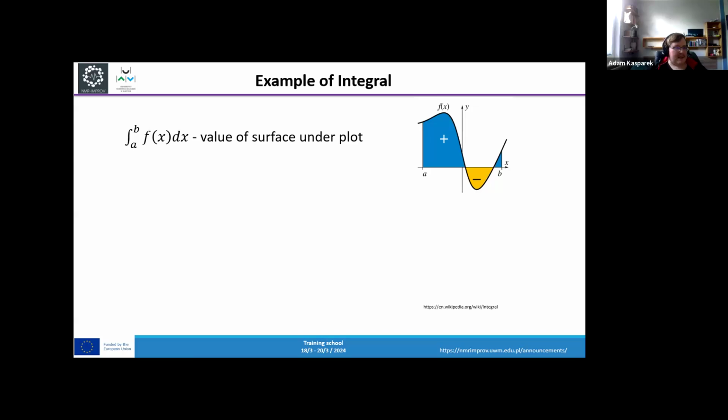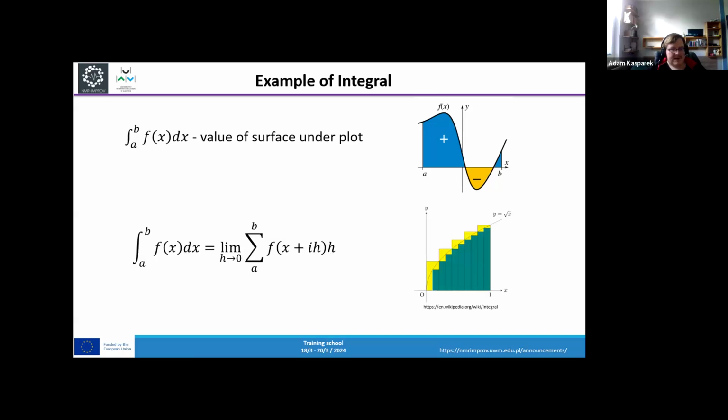Of course, calculating this surface is a little more problematic. For example, with the Riemann integral, when we explain how to calculate it, we divide the area between a and b into infinitely small rectangles, and we calculate their surface by measuring the small distance and the value of the function there.